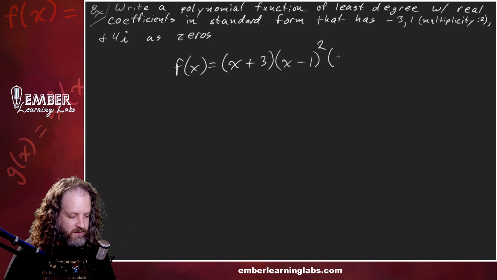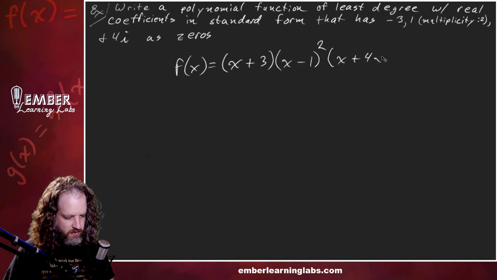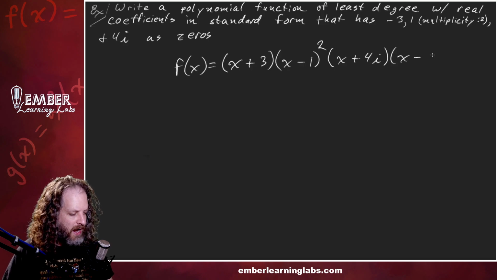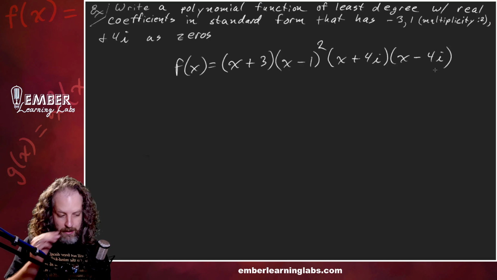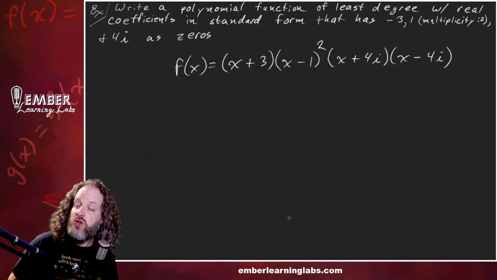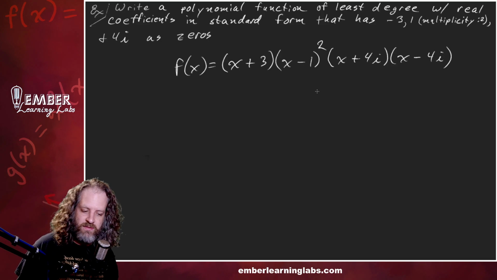This one would turn into x plus 4i times x minus 4i. When we have complex numbers, that always represents two different factors, and it's going to be the conjugates of the two things.